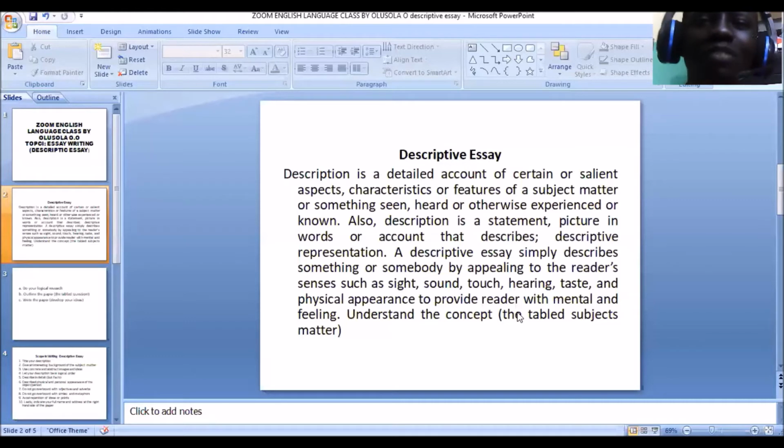So if the person you are describing has that nature, you have to include it in your description. There are some persons that when you meet them for the first time, the next thing they do is open the 33 or the good number of their teeth. They will open it up and shine it out. If that person is that type, you have to include it in your description.